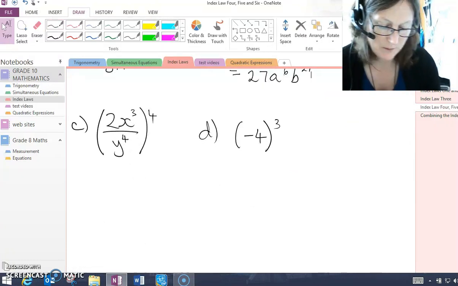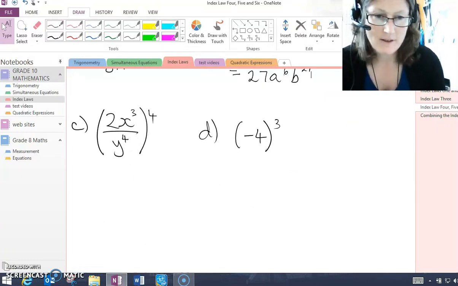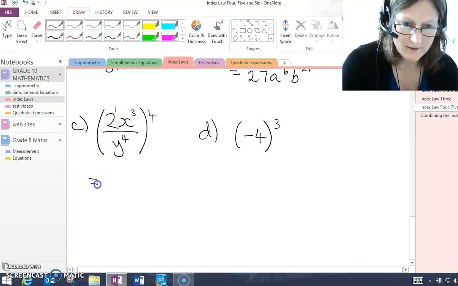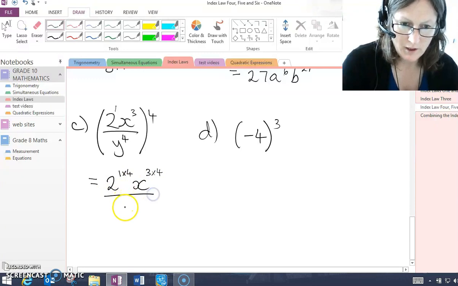Okay, with worked example C, you can see it listed there. Again, I recommend putting a 1 there. And then it's simply 2 to the 1 times 4, x to the 3 times 4, divided by y to the 4 times 4.